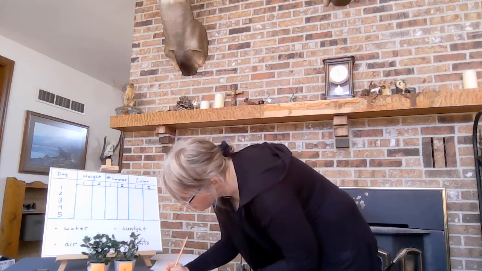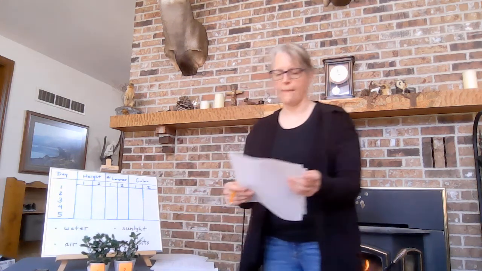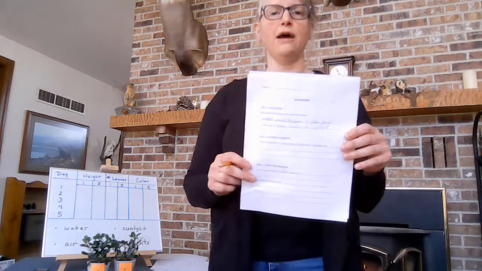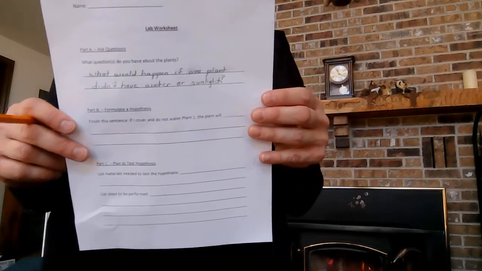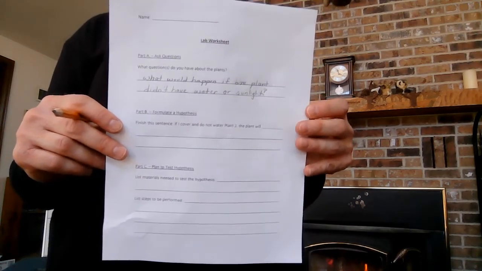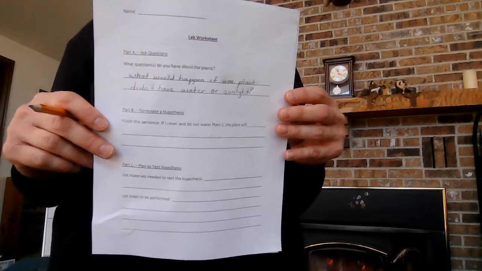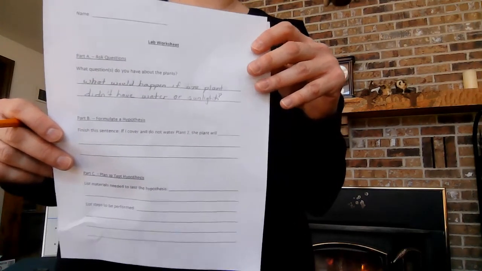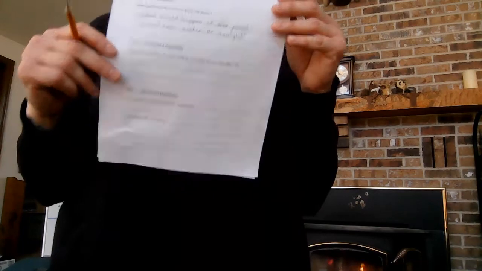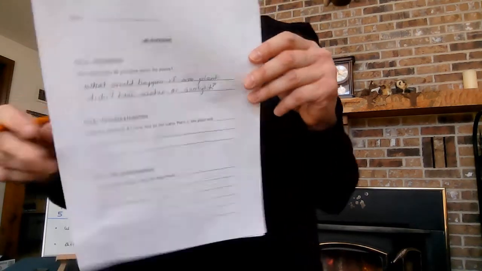All right, so here you go. What would happen if one plant didn't have water or sunlight? So everybody write down as your question, okay? So that's the start. Okay, everybody good? All right, any questions so far? Besides this question? No? Okay.